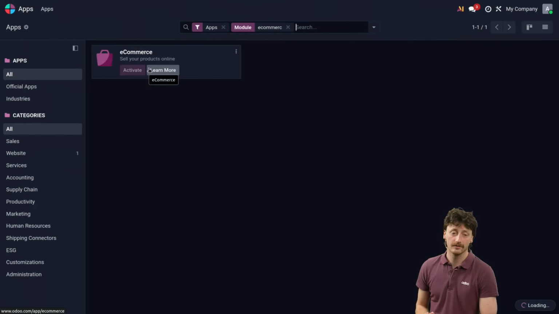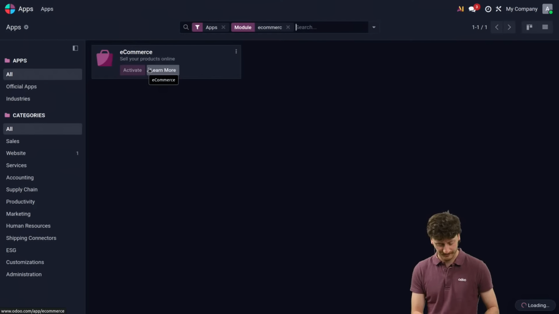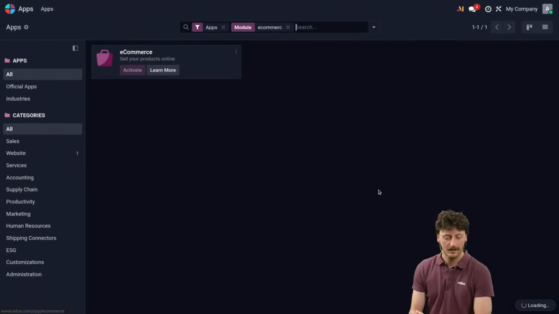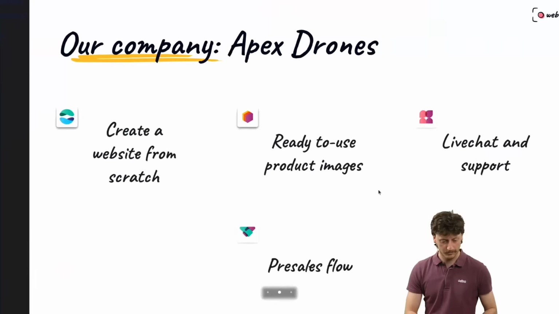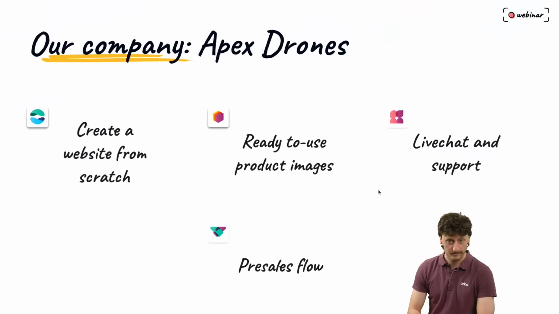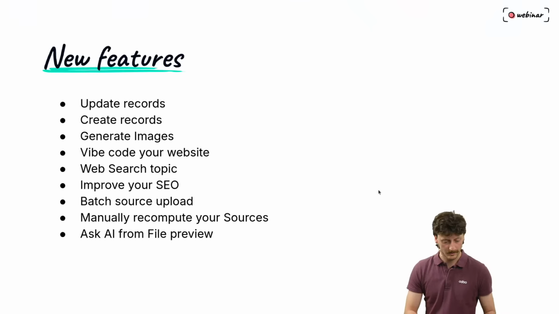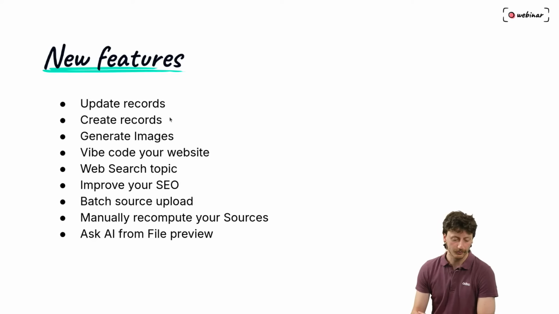Once this is done, you will see two other features that we have talked about at work, namely the update records with AI and create records with AI. Afterwards, we are also going to use the generate images one. So if you remember here, it's the three first that we talked about.